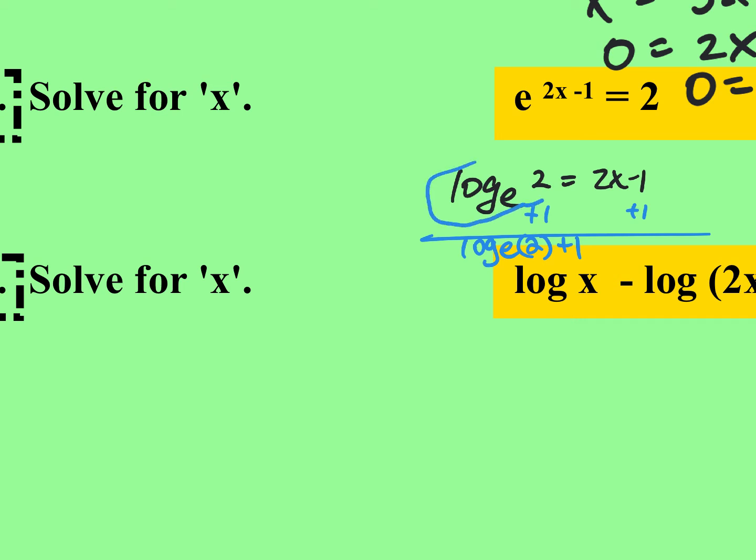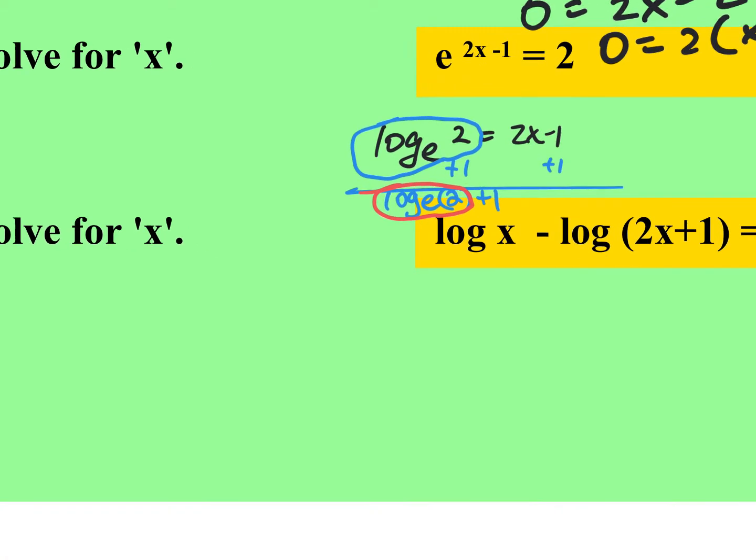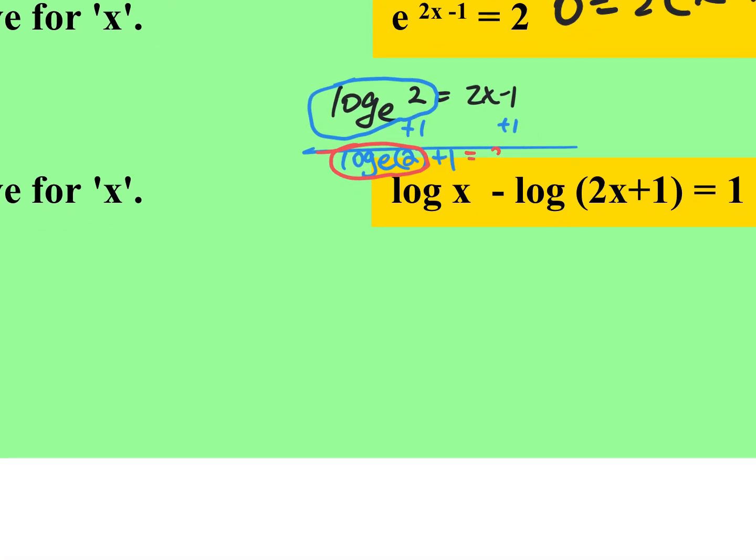Log base e of 2 was a complete little package, and then I wanted to add 1 to it. It's still a complete package here, and then I want to add 1 to it. All right, now I have equals 2x. Now I'm going to have to get the 2 off of there.